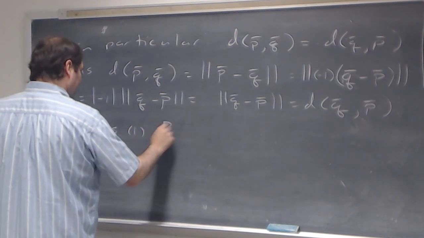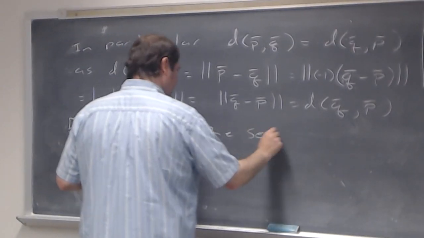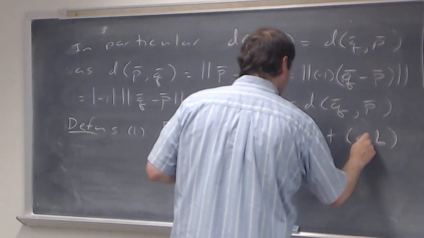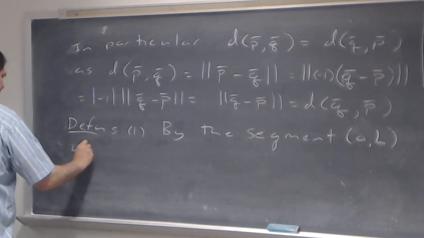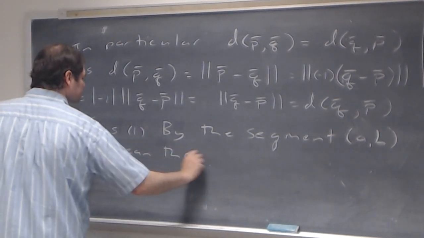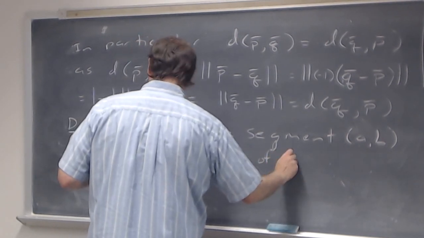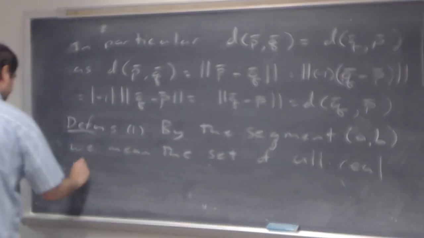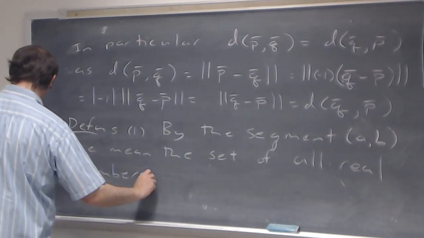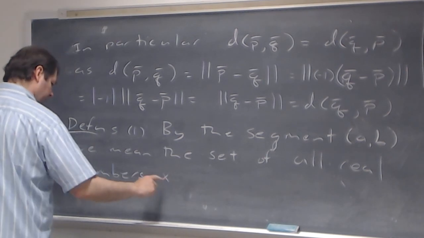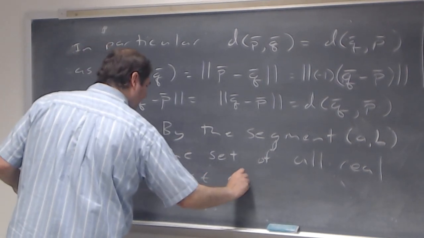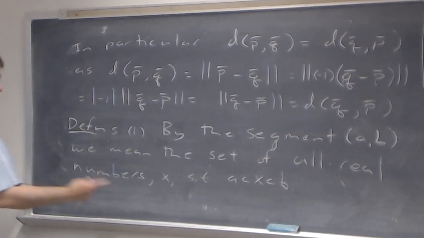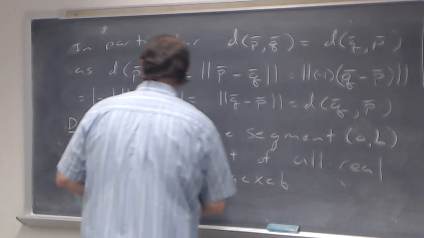First thing I want to say is the book says by the segment (a,b), we mean the set of all real numbers x such that a is less than x is less than b. It's just this open interval. But they're going to call it a segment. So that's my first definition.